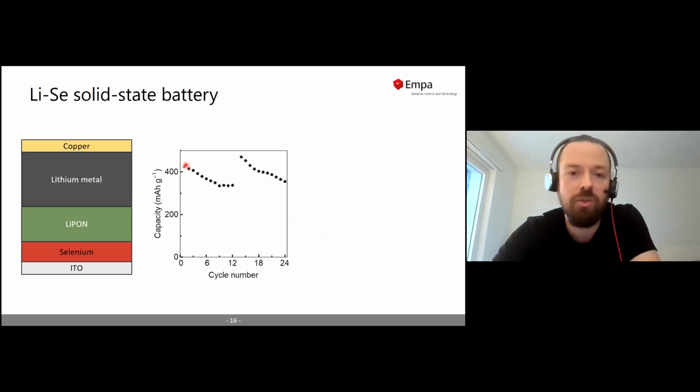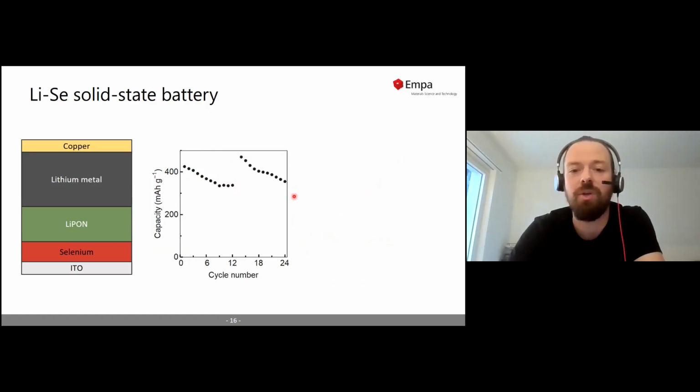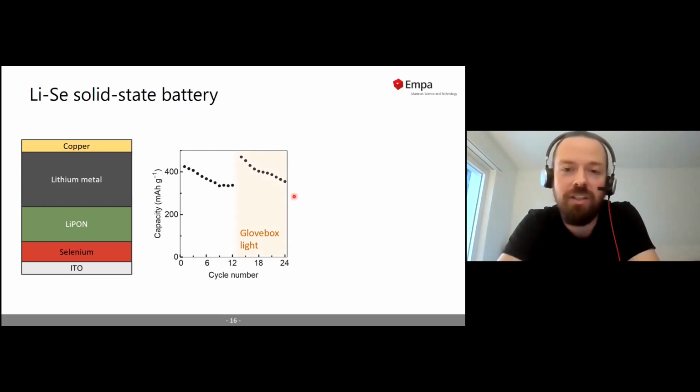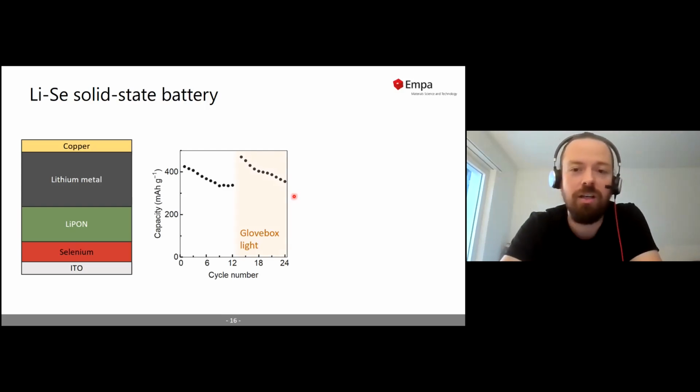And here I show you some cycling data. Again, the capacity as a function of different cycles. And what you see here is that, going from cycle number 12, there's somehow a change to higher voltage at higher cycle numbers. And what happened here? Moritz slightly replaced the shadow mask on top of this battery, which was stored in the glove box.